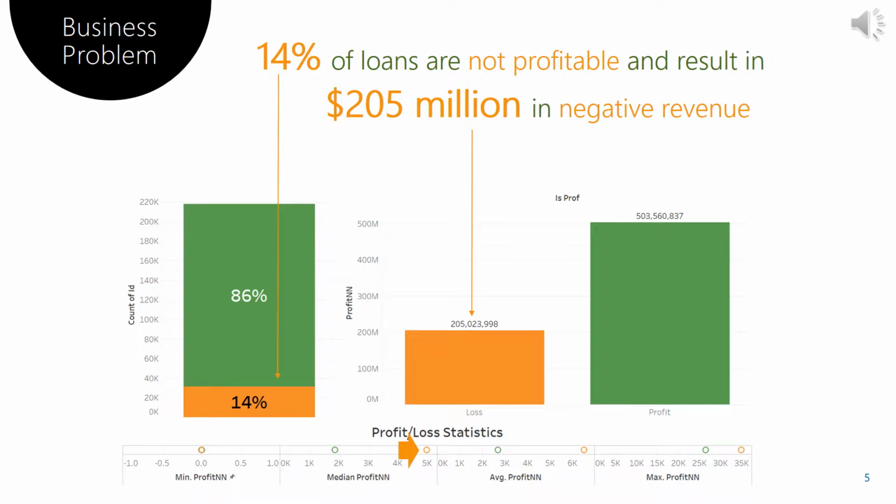The average is $3,000 for profitable loans and $6,000 for non-profitable, and the maximum profitable loan came in at a profit of $25,000, and the maximum loss was $35,000. So what we see there is when we lose, we're losing bigger than when we win.